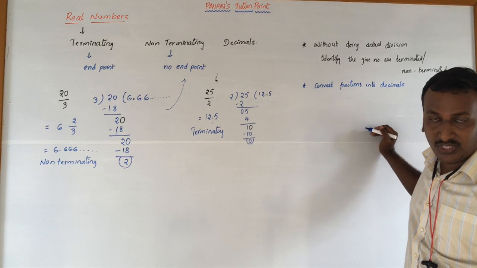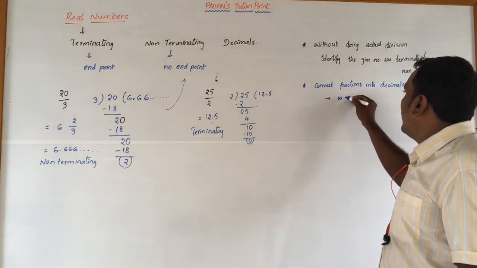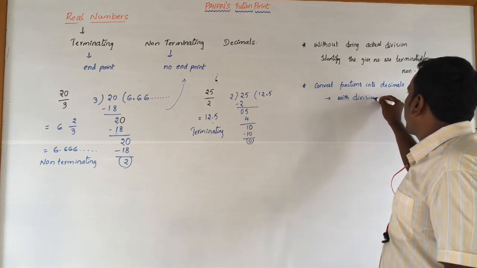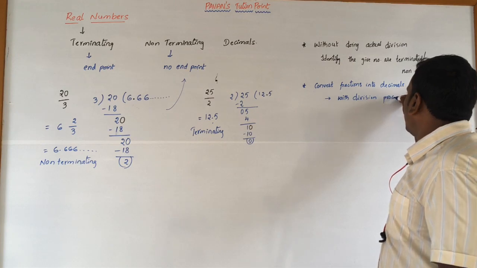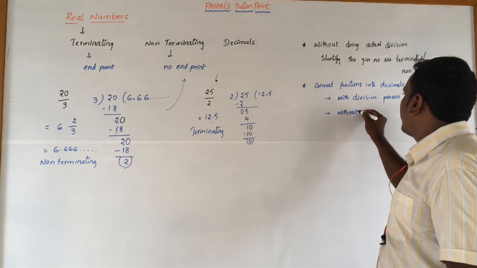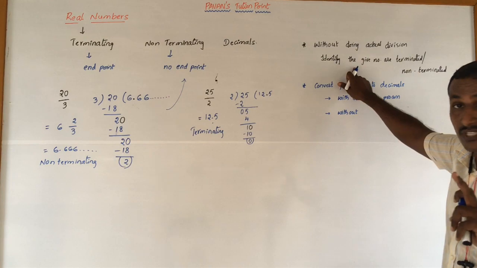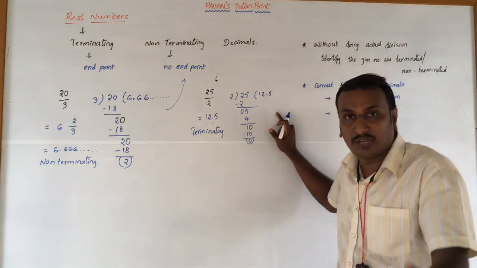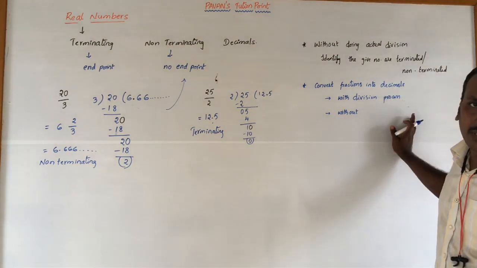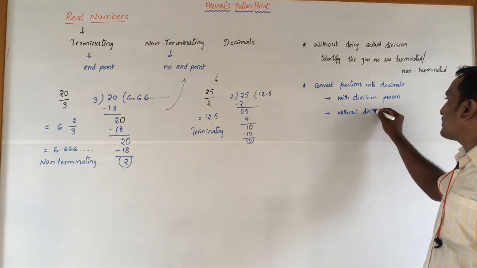Here there are two ways: with the division process, and another without the division process. Again the same thing: first of all you have to identify whether it is terminating or not terminating. Next, directly you have to find the decimal number, by doing the division and without doing the division process.